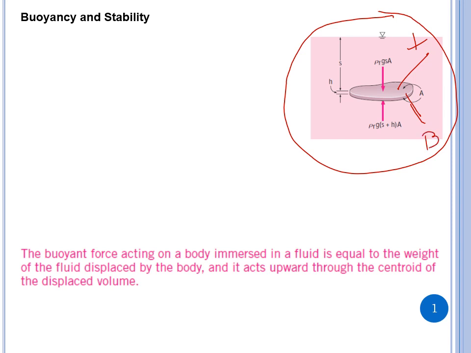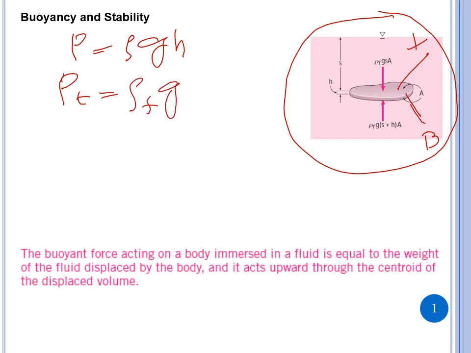At the top surface, the pressure that is going to act, we know the pressure is rho g h. In that case, pressure at the top surface is going to be density of the fluid, g times s, which is this one here.